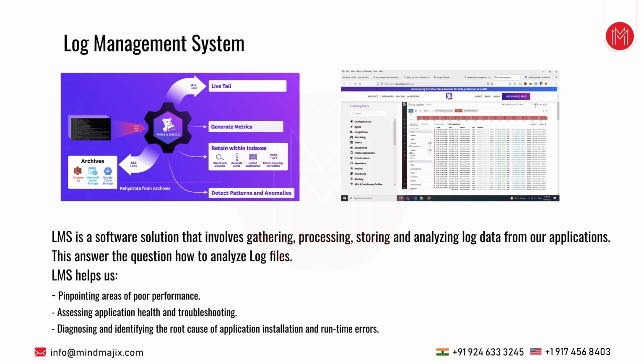But at the same time, for that particular transaction, we'll also be able to see the logs generated for that transaction. And at the same time, we can also see what the infrastructure utilization was, like what the CPU or memory utilization was when that particular transaction was run.